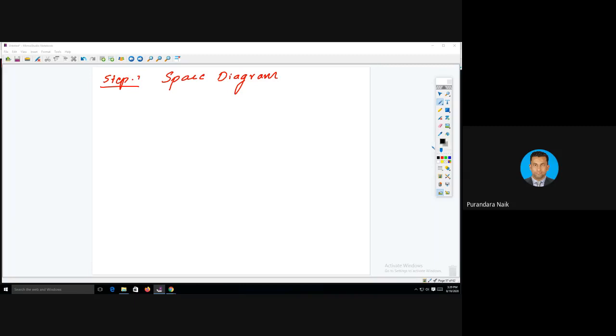First you need to draw a reference line, a thin line. After that, you need to make it a dotted line because it is a reference line.